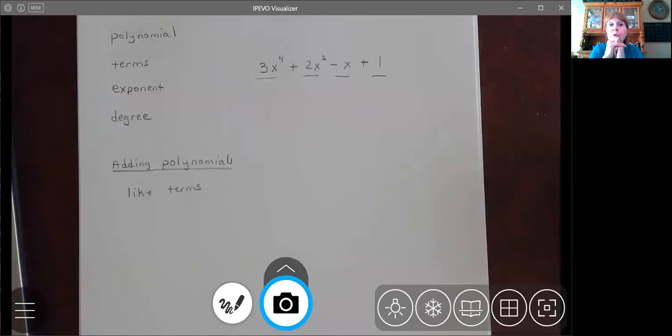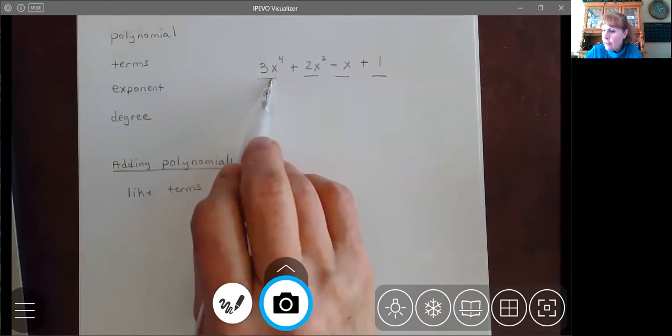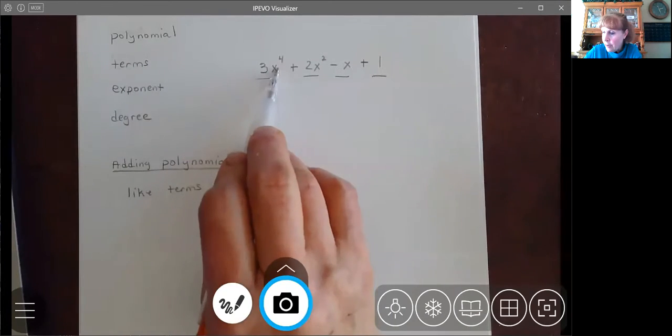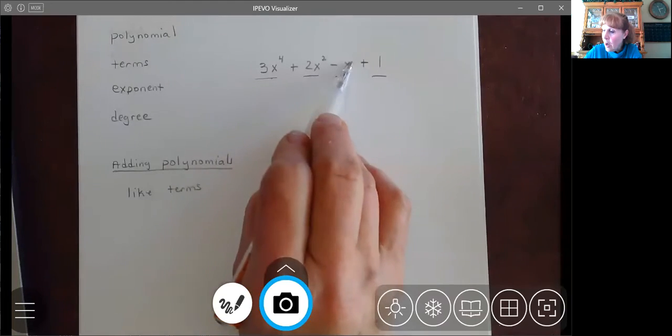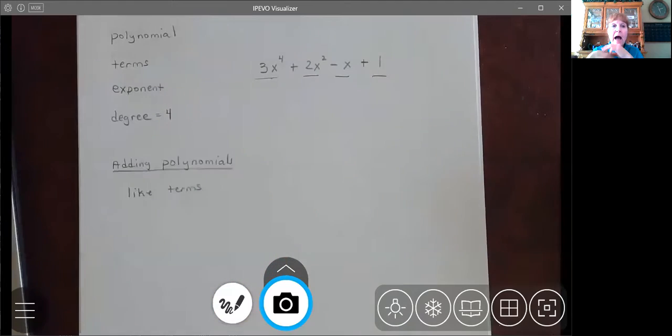So there are 4 terms in this polynomial, and the terms are separated by either a plus or a subtraction. And the degrees. Now, the degree will be the highest power we have. So here, the exponent here is a 4, 2 and a 1, the degree is that highest exponent. Simple as that, 4.